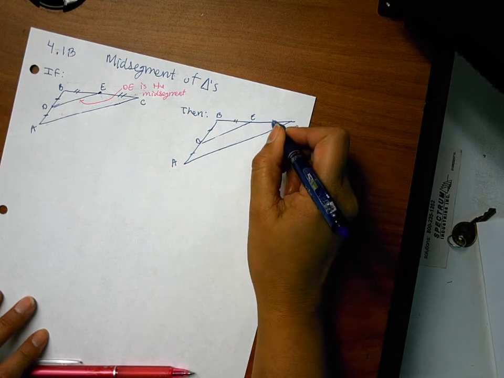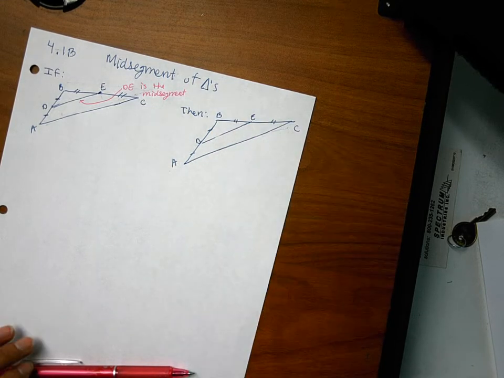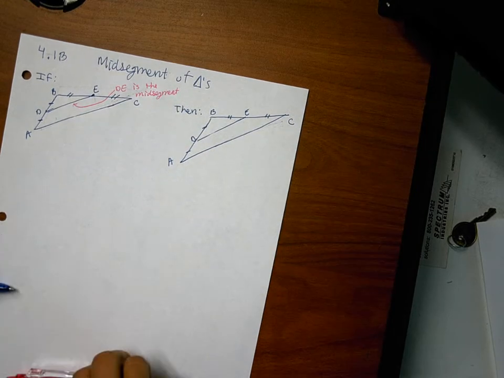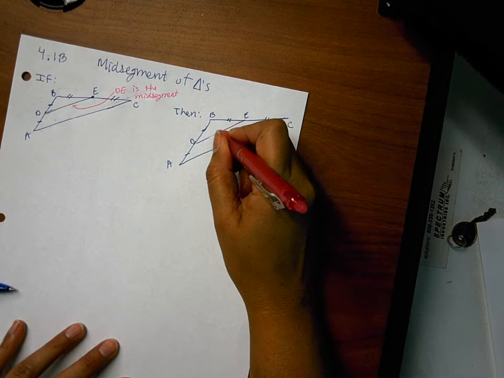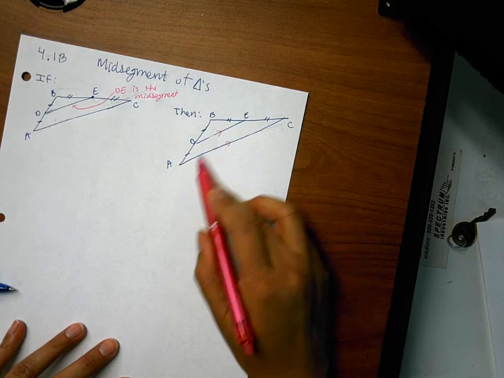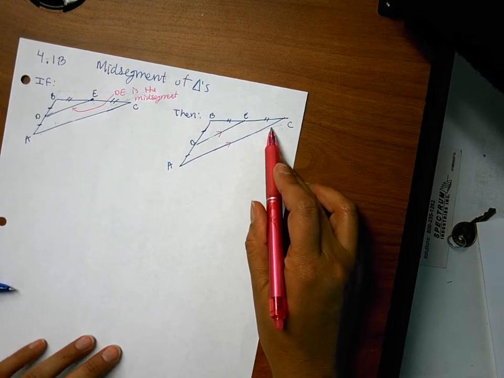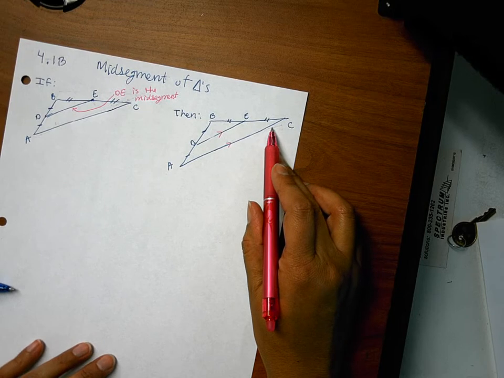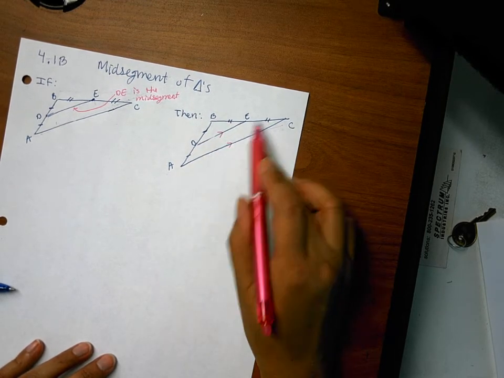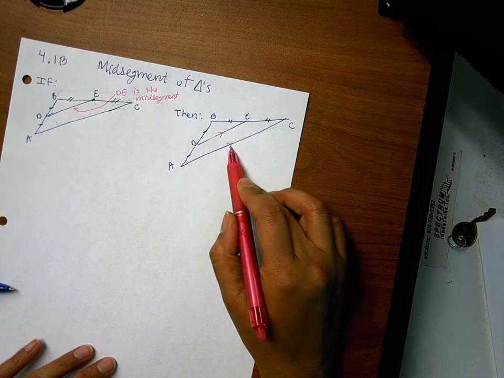BE is congruent to EC. So if DE is the midsegment, then DE will always be parallel to AC. The midsegment will always be parallel to the base side every single time. If DE is the midsegment, meaning those are congruent and those are congruent, these two lines will always be parallel.